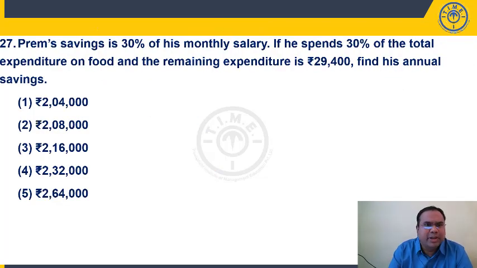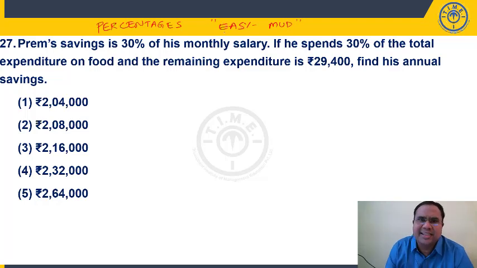This question is based on concept of percentages. You can classify this as somewhere between easy to moderate because of calculations involved, right? It's not as difficult as moderate and it is not as easy as an easy question, slightly more difficult than your easier question, right? Premsavings are 30%, so savings of this person are 30%.